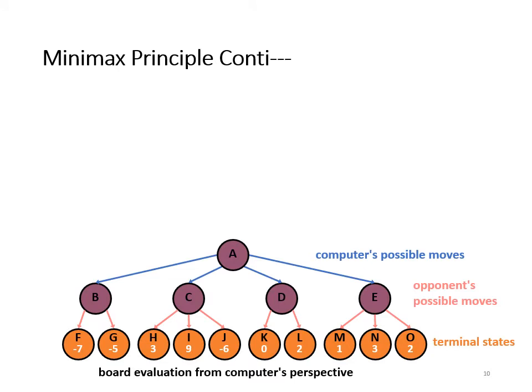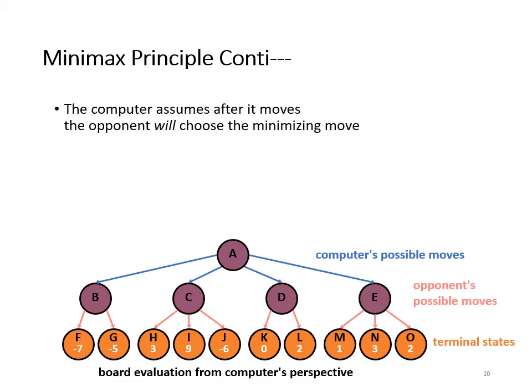Now I am explaining the Minimax principle by the help of one example. Here the computer assumes that after its move, the opponent will choose the minimizing move. So this is the turn of the computer and this is the turn of the opponent. The opponent needs to choose the minimizing move and the computer needs to choose a maximizing move.